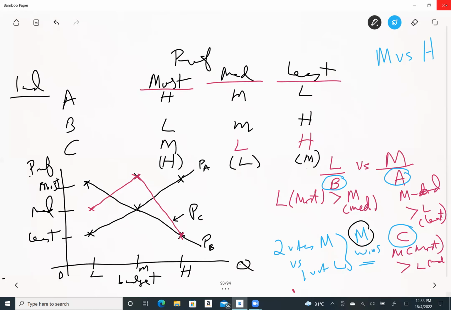Kita tukar C punya, alright, C je tukar, A dengan B tak payah tukar apa. Okay, so either you can draw the same diagram or you draw another diagram, that's fine, but you do the election again. Okay, L against M, and then M against H, and then L against H.